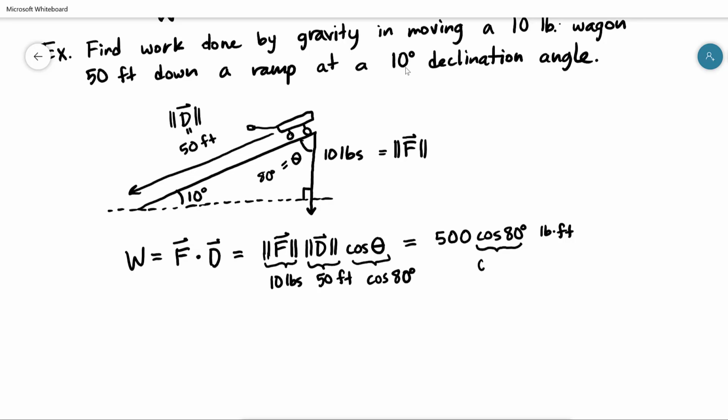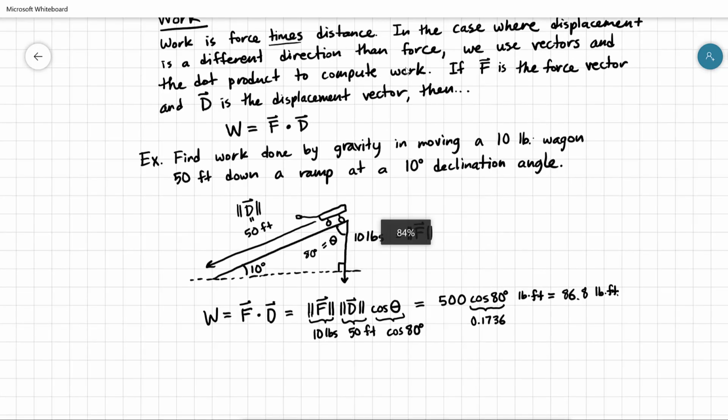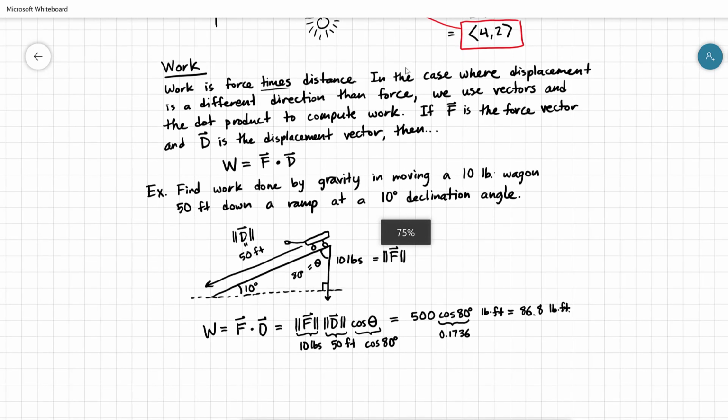Yes, so this number wound up being about 0.1736, something like that. And the whole number, multiplying that times 500, wound up being about 86, whatever, 0.8 pound feet of work. So there's our result. This is how we can use the idea of a dot product constructively to compute physics problems.